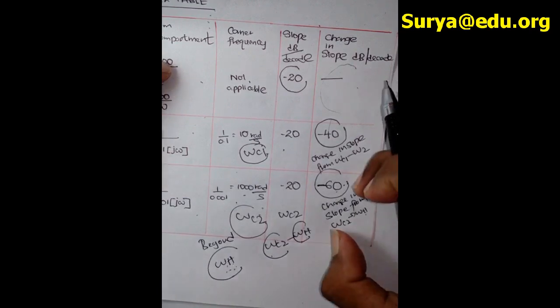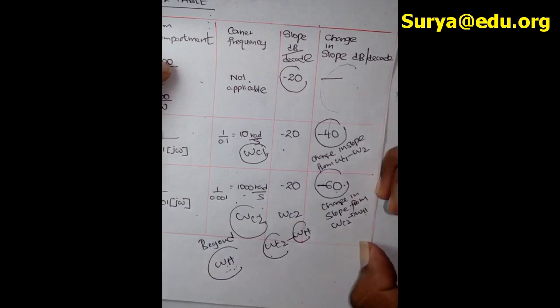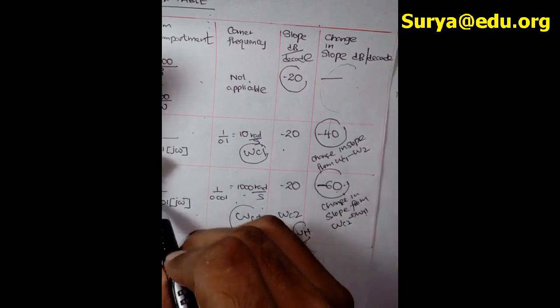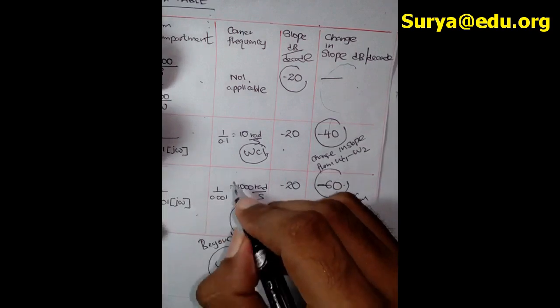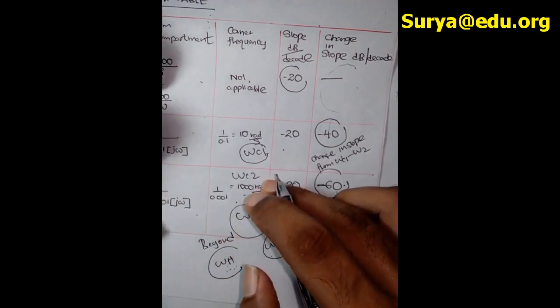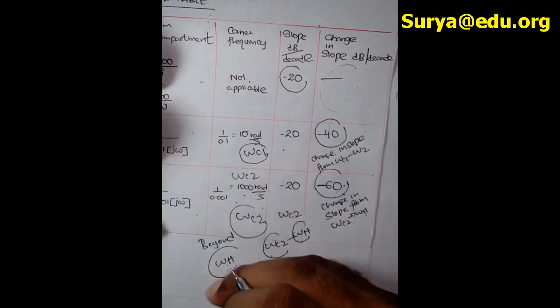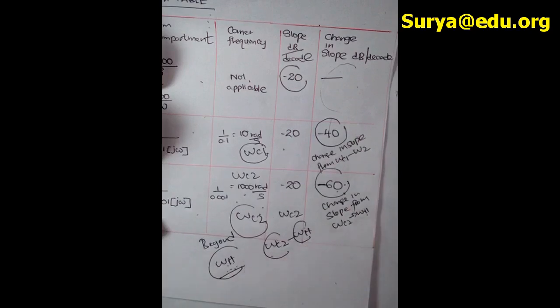Because this omega c2 is the frequency that is responsible for the change in slope for the upcoming frequency after this one. So what is the upcoming frequency? That is omega h.